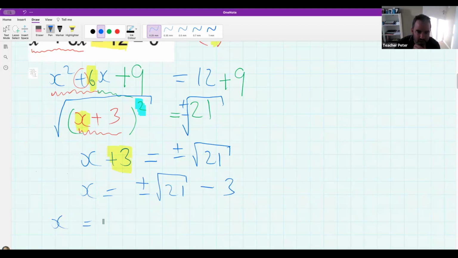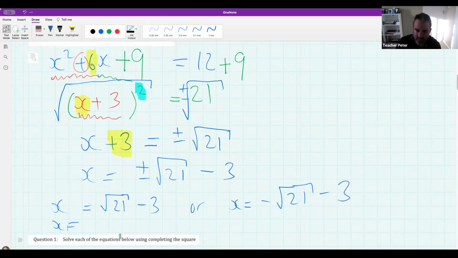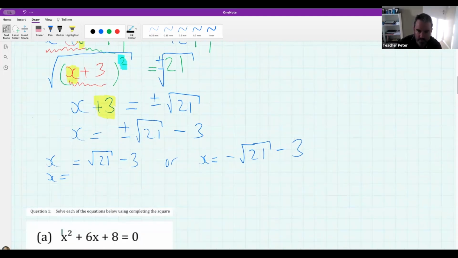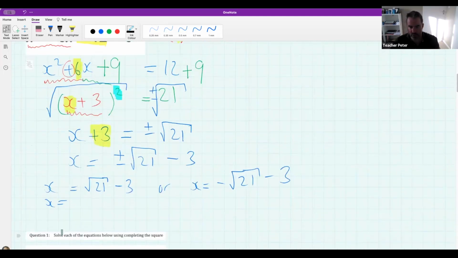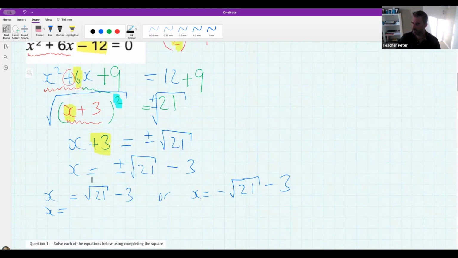So we go x is plus square root 21 minus 3, or x is minus square root 21 minus 3. I want you to put this in your calculator and give me decimal place answers for those two. So I want you to round off to 2 decimal places. So please give me the answer to that.